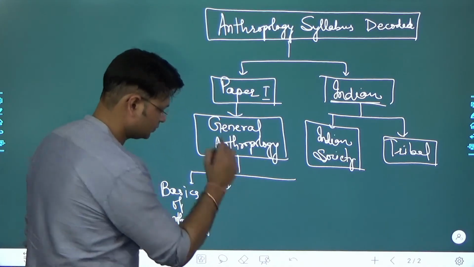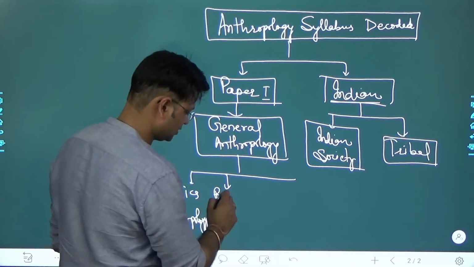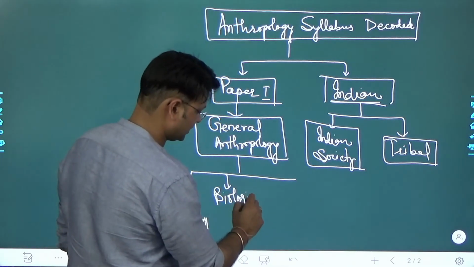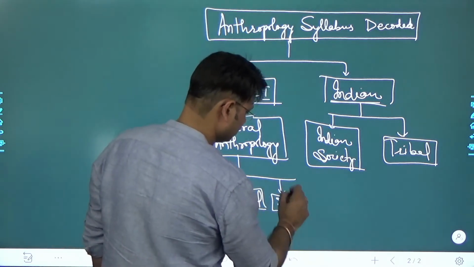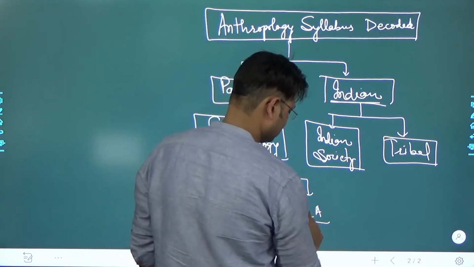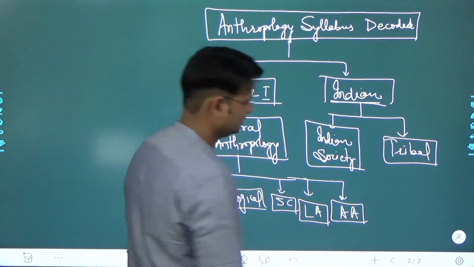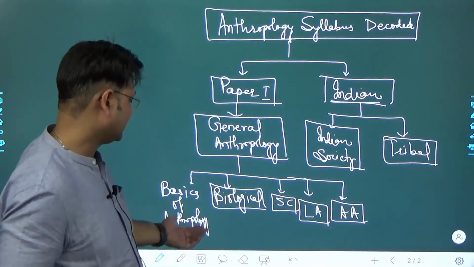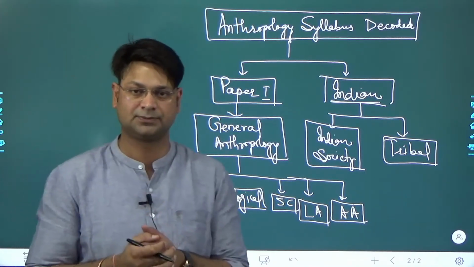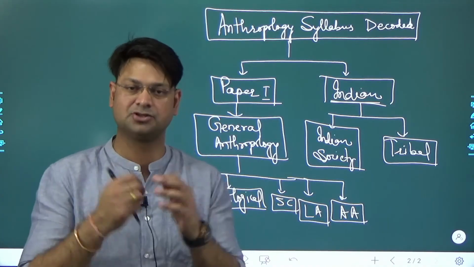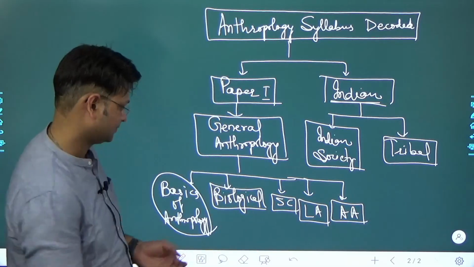We will also study biological anthropology, because this is one of the major branches of anthropology, socio-cultural anthropology, linguistic anthropology and archaeological anthropology, right? What all is there in basics? What anthropology is, what are the major branches of anthropology, right? What is the application of anthropology, how relevant is anthropology for humankind.